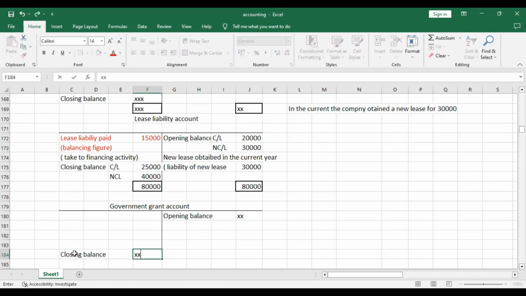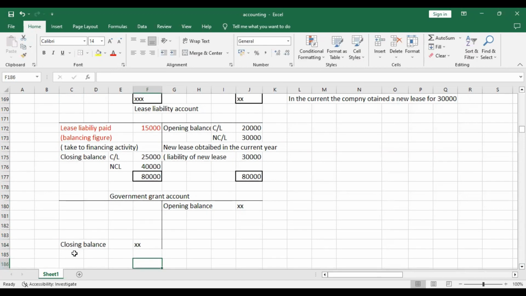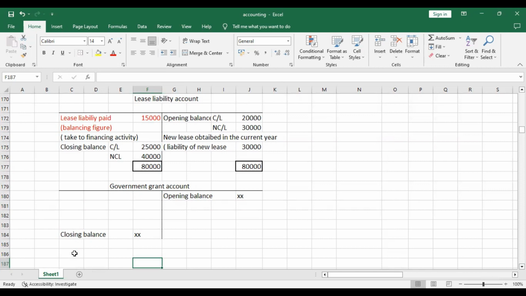Any new grants obtained, you are going to credit it. This is called new grant obtained. You credit it. Opening balance plus that new grant, but that should be equal to the closing balance.